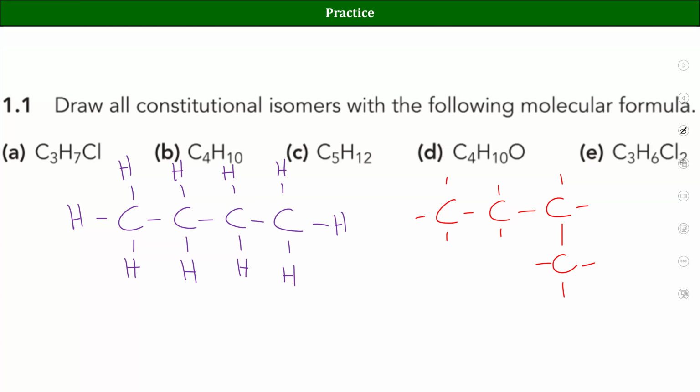So the easiest one to do is usually just put all your carbons in a straight line, right? And then see if you have enough hydrogens to go around.